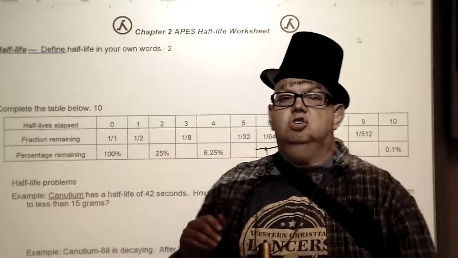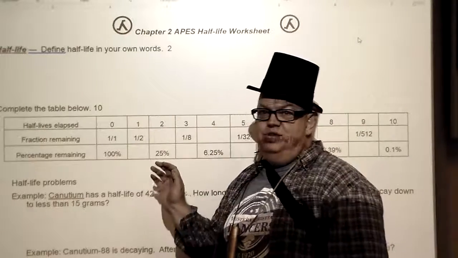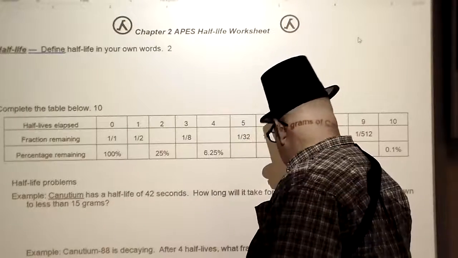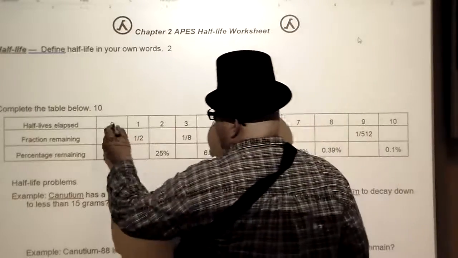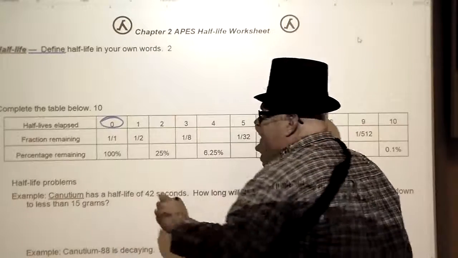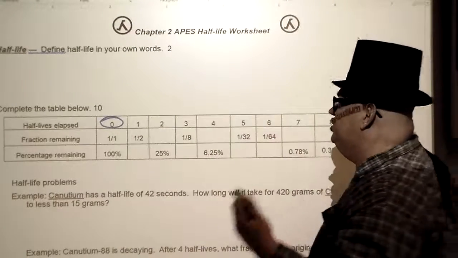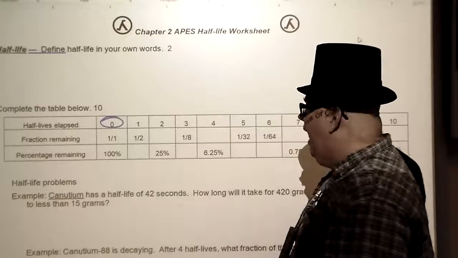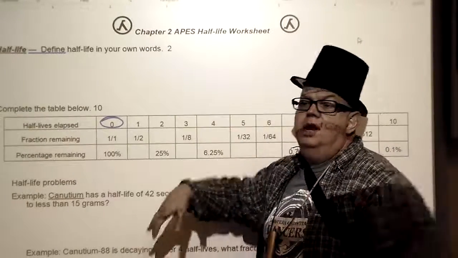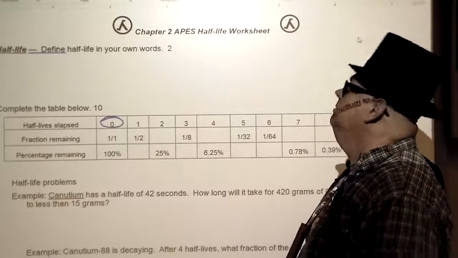That doesn't change, because then we would not be able to do these problems. So let's take a look here. Half-lives elapsed: a zero half-life is another way to look at the start, the beginning. The fraction remaining is 1/1, and the percentage remaining is 100%.